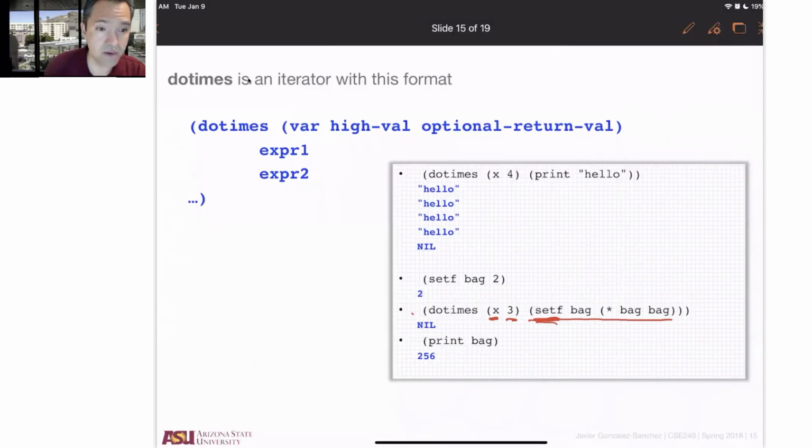Why? Because I need the equal. This one was like bag equal to. This is my equal. And also it creates a variable, because bag does not exist. So from this point below, bag exists. This line is a dotimes. Dotimes, a for loop.